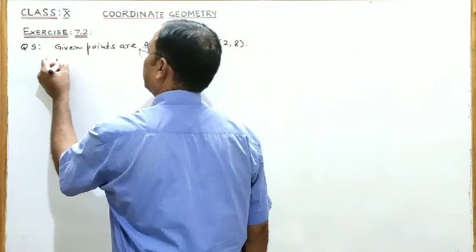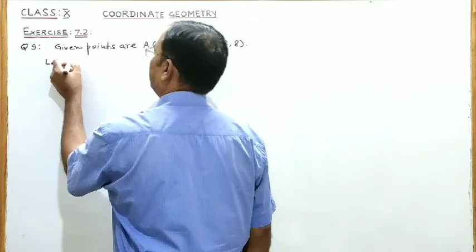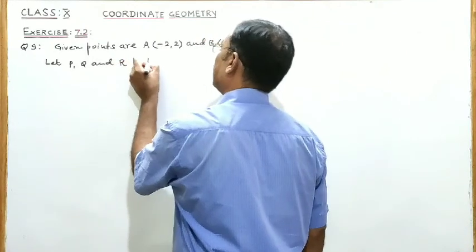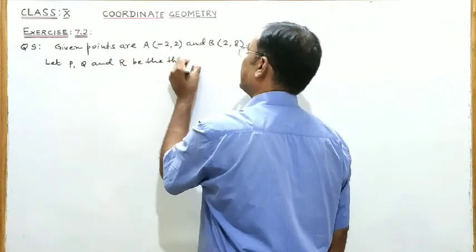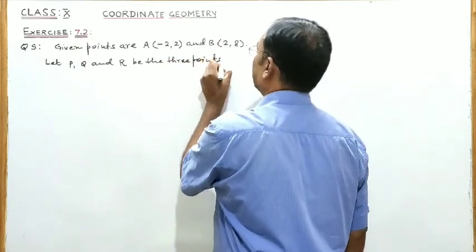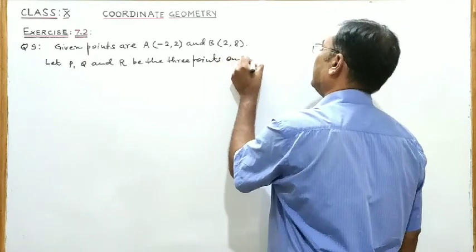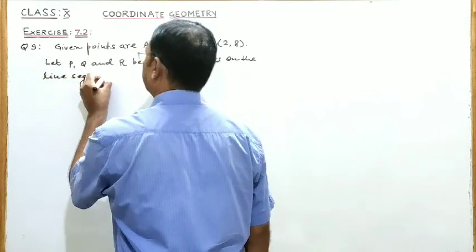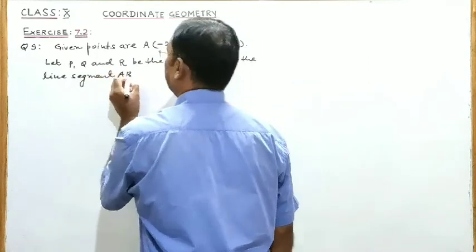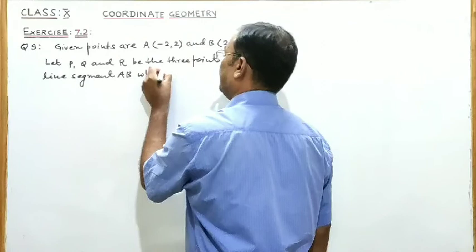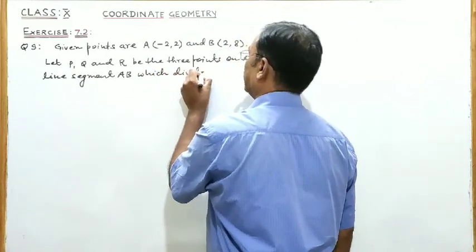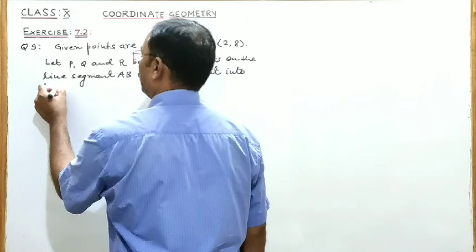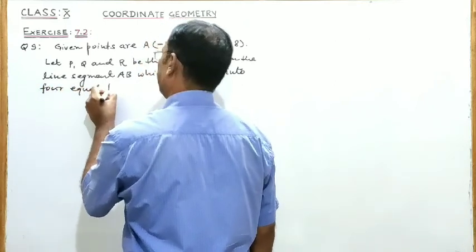Let P, Q and R be the 3 points on the line segment AB which divide it into 4 equal parts.